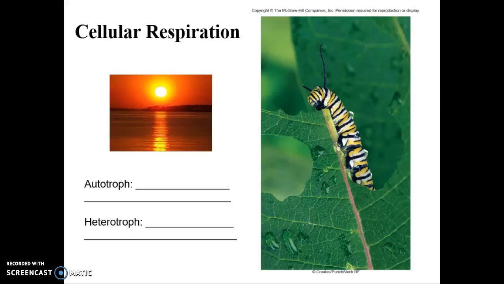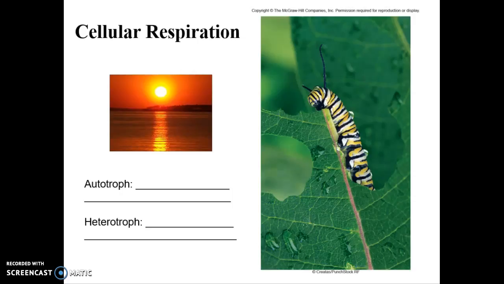But there are two terms I want you to make sure you get comfortable with. So write it down, fill it out, work with the definition here. The two terms are autotroph and heterotroph. Now, auto means self-producer. It produces its own energy from the sun.